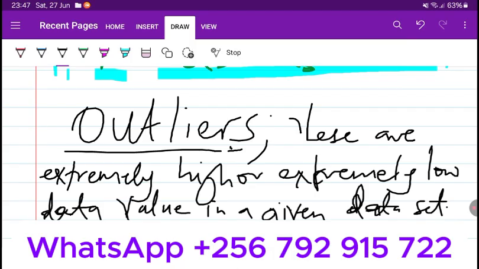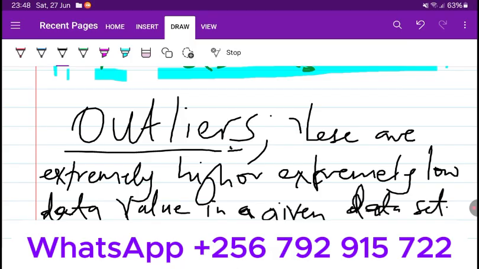So these values are going to be either too small or too big as compared to the rest of the data set that we have been given. So these extreme values are the ones that we call outliers.